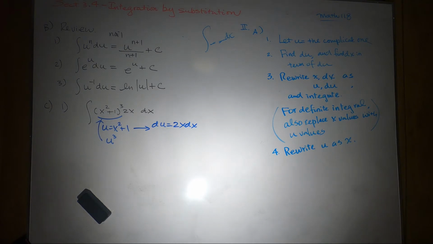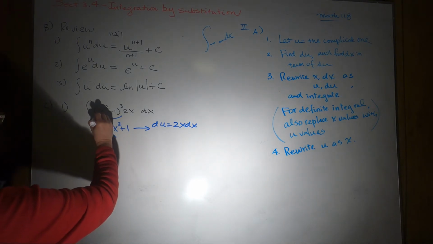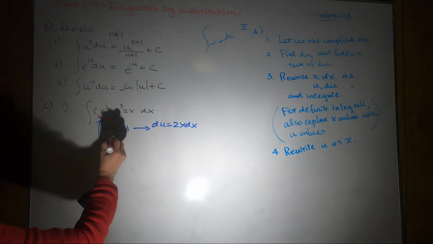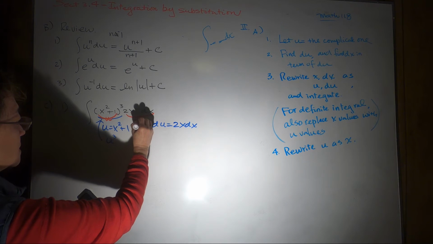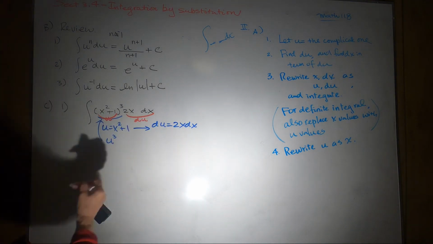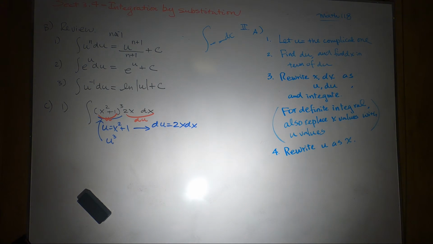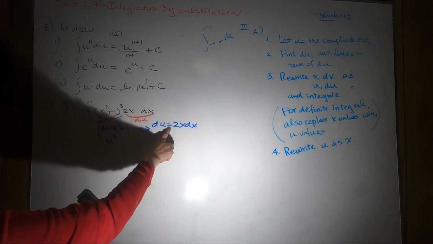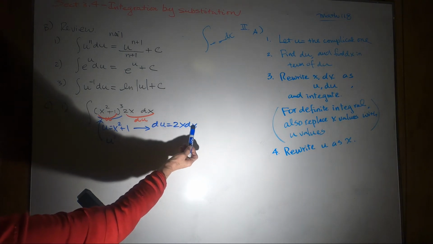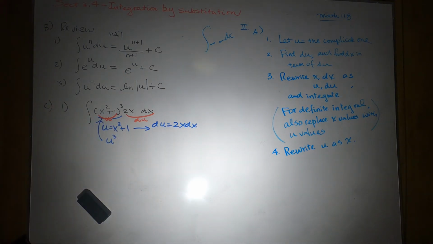Right? So what we have here is this part is the u cubed, and this part is du, because du equals 2x dx. The differential of u is the same thing as taking the derivative with respect to x, then times dx.